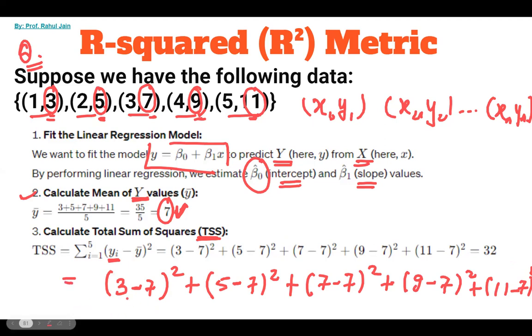Now if you calculate this: 3 minus 7 whole square, 4 square, plus 5 minus 7, 2 whole square, plus 7 minus 7, 0 whole square, plus 9 minus 7, 2 square, plus 4 square again.